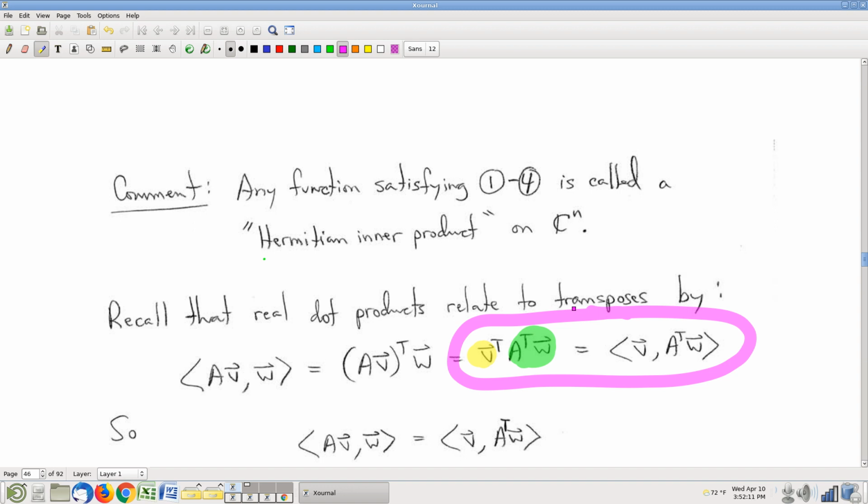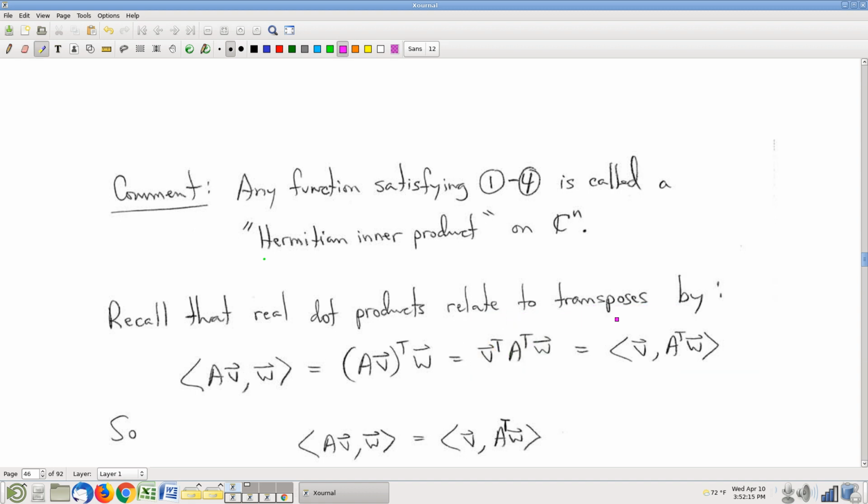So that's why this works. Neat fact. Another way to say this is that there is what I like to call a dovetail, a nice fit between the idea of dot products and the idea of transposes. These two constructions, dot products and transposes, fit together in a nice way in that you get this nice formula about matrices moving from one side to the other, like so.